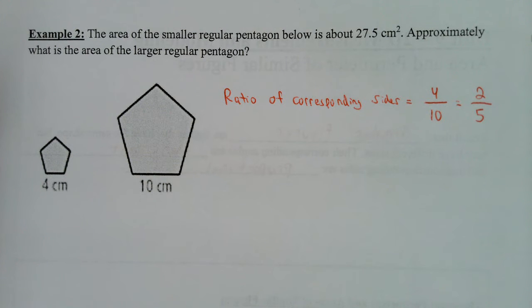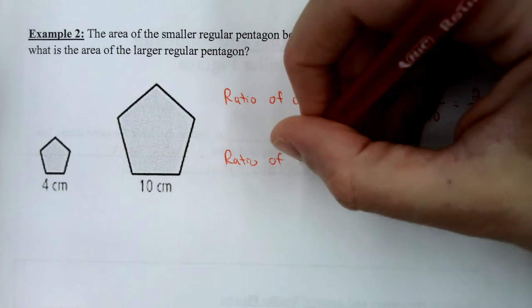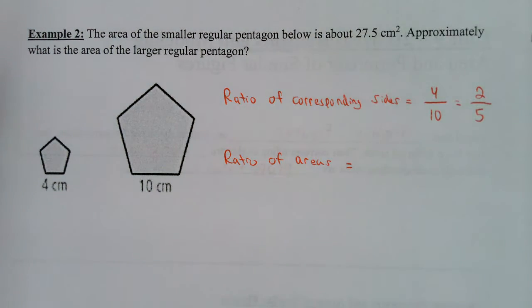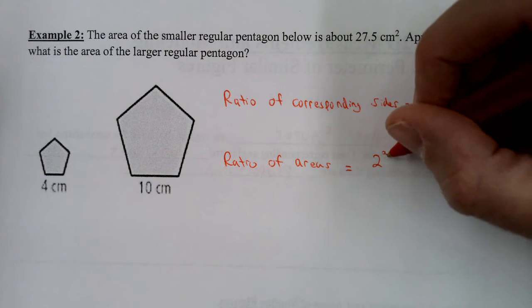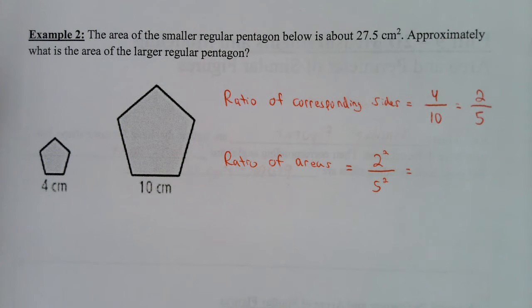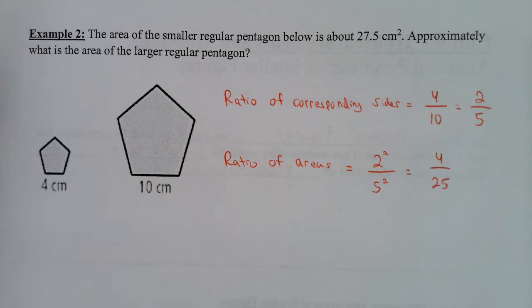Now let's get the ratio of the areas. It's going to equal 2 squared over 5 squared, which equals 4 over 25.